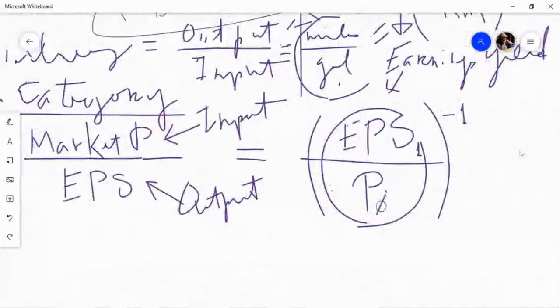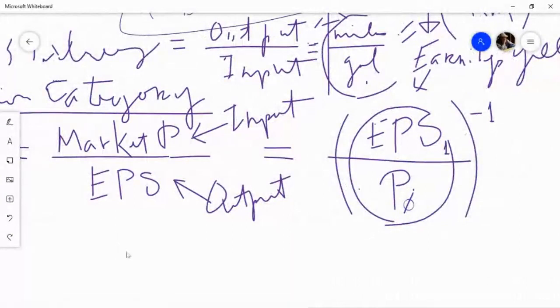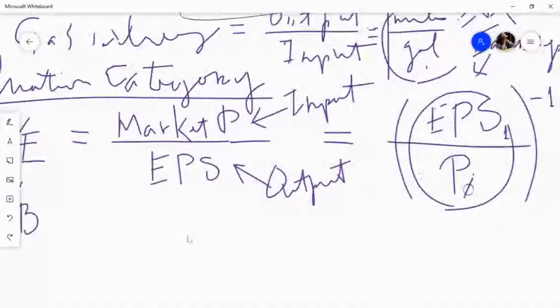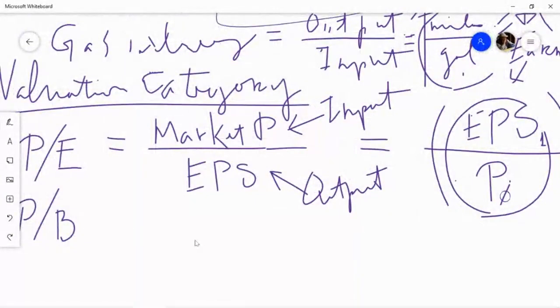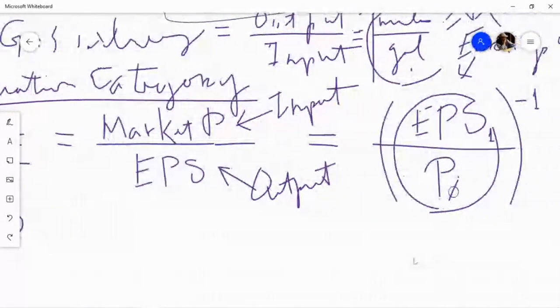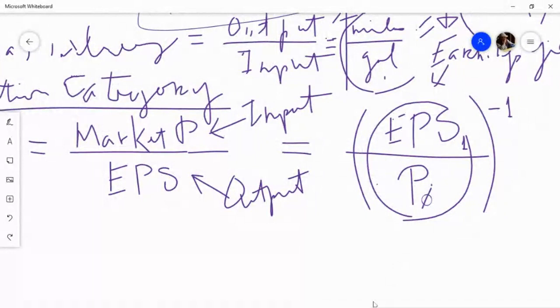I was talking about the price earnings ratio, but the price earnings ratio is the reciprocal of earnings yield. And earnings yield, think about it, is an output to input ratio, exactly. Whereas price earnings ratio is an input to output ratio.